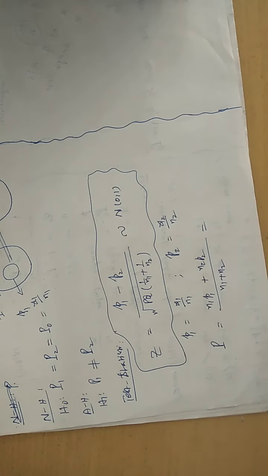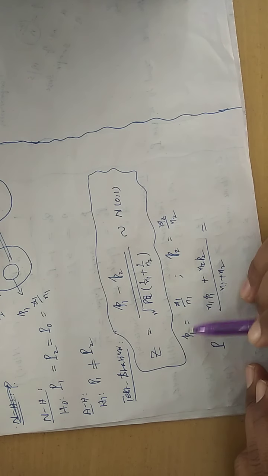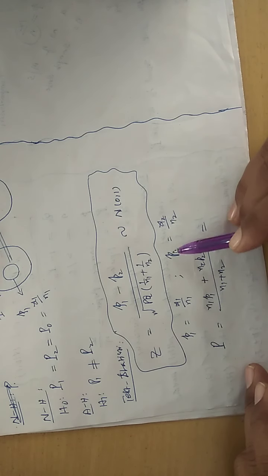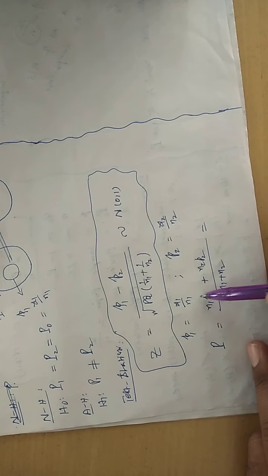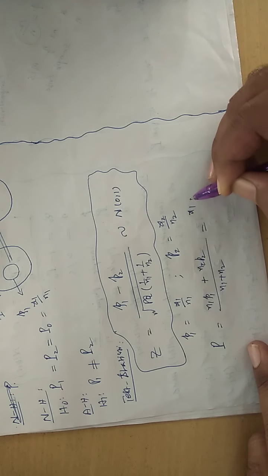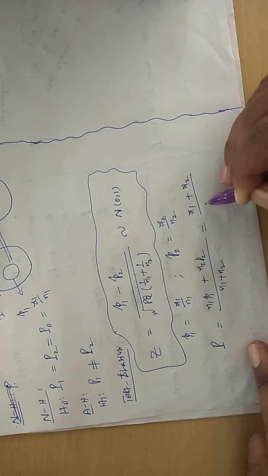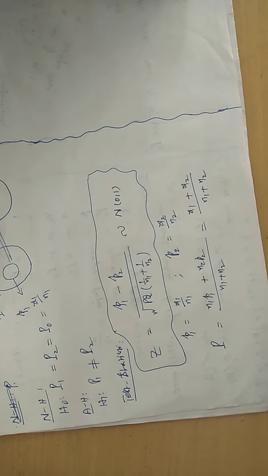Now all of you observe here, N1 p1, if you cross multiply, what is this? X1. N2 p2, if you cross multiply, what do you get? X2. That means this entire term is nothing but X1, and this entire term is nothing but X2. So what is the more simplified form of this? X1 plus X2 by N1 plus N2. So both are the same. If you want, you can use this form or this form.